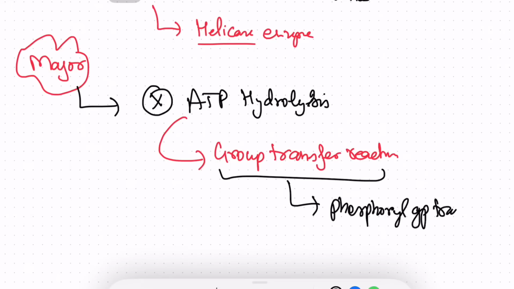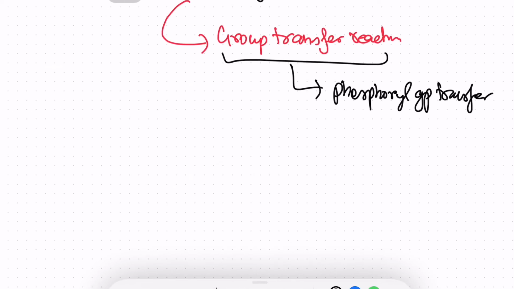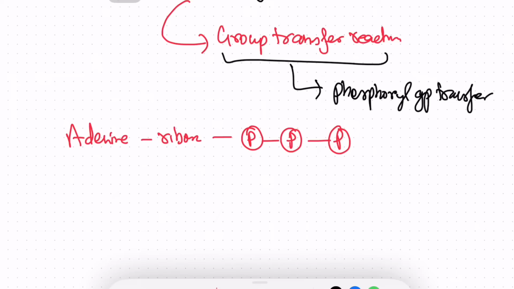Now let us draw in a simple way. Here you have adenine, then ribose, then the phosphate groups, which I am simply labeling: this one is alpha phosphate, this is beta, and this is gamma.